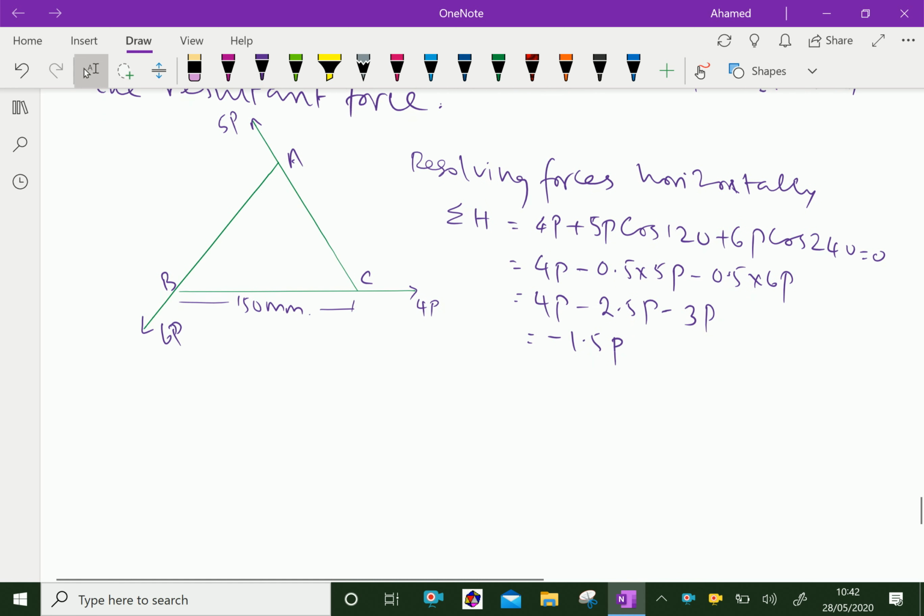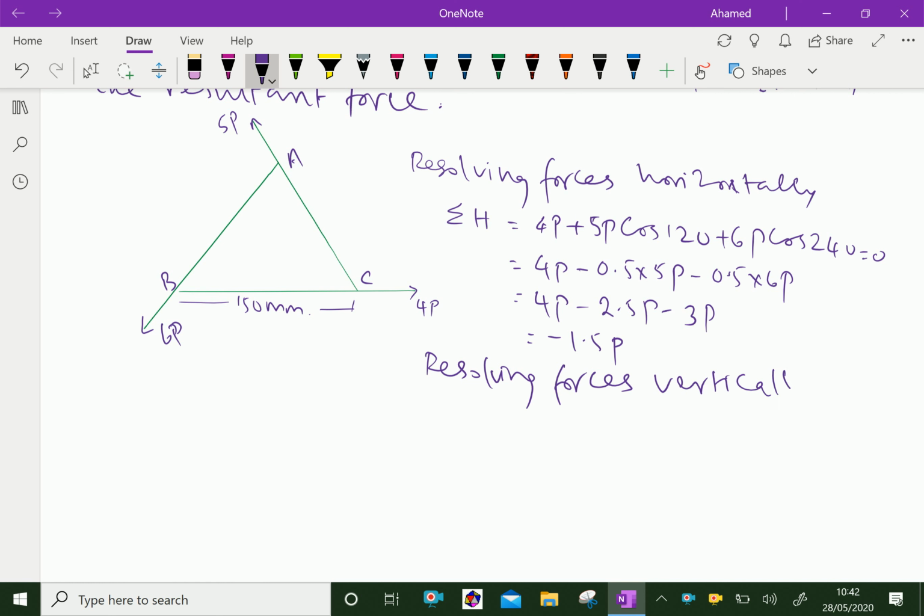Now resolving forces vertically, that is sigma V. Here 4P is horizontal, it won't affect.